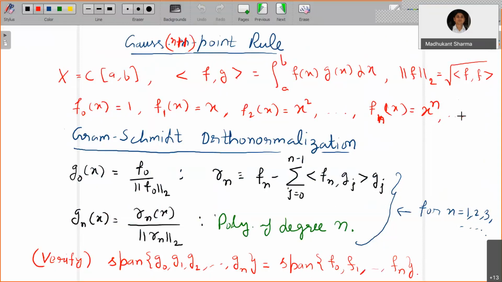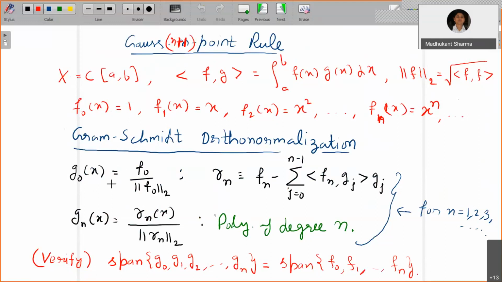From these polynomials we are going to get the orthonormalized polynomials, which are also known as Legendre polynomials, which can be obtained by using the Gram-Schmidt orthonormalization process. So this is the general scenario.